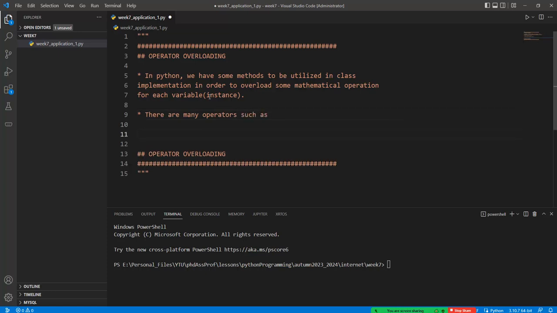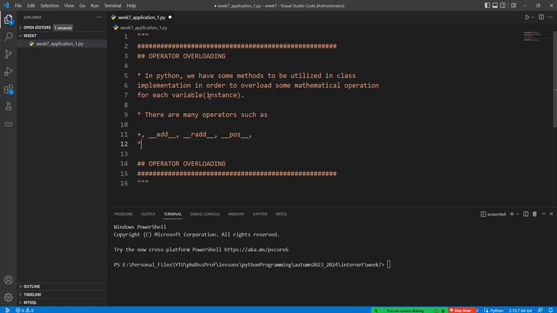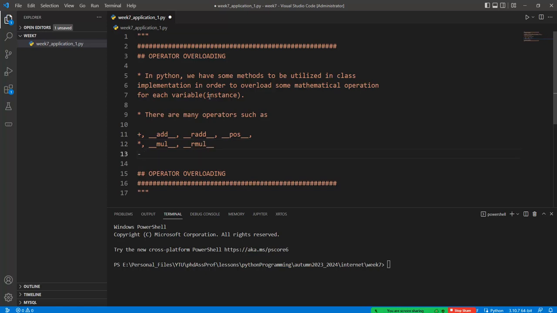such as, for example, we can define the plus with the add function, or right hand add function, or the pos function, or we can define the multiplication operator by using the mul keyword, or right hand mul keyword, or we can subtract any data by using the class structure like this one.